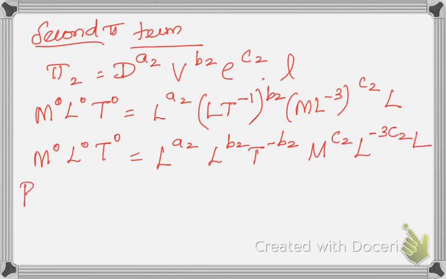Now take the power of M. I'll be getting 0 is equal to C2. Only in C do I have the M term, so I'll get C2 is equal to 0.